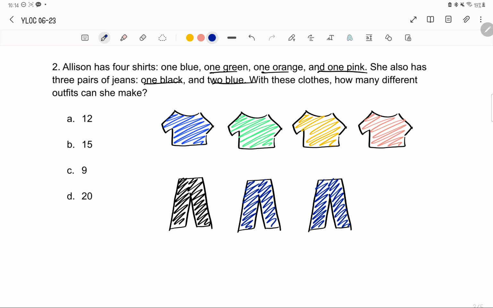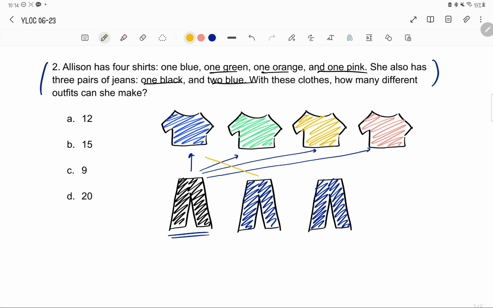I drew the t-shirts to help better understand what's going on in the problem. She has blue, green, orange, and pink, and she can wear this one, this one, this one, and also this one, right? Now we have 4 outfits with only black pants.